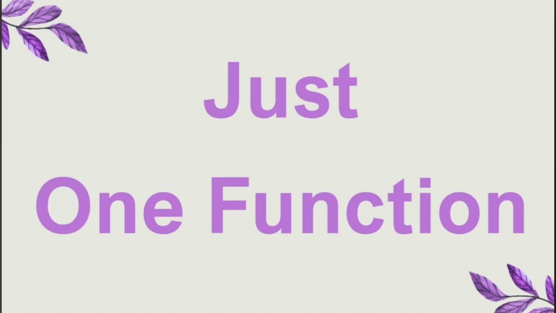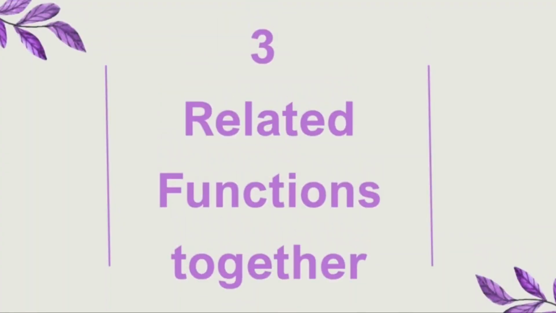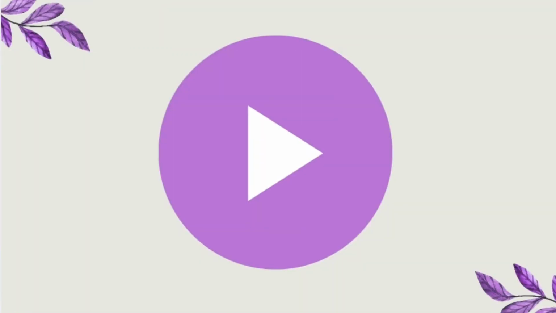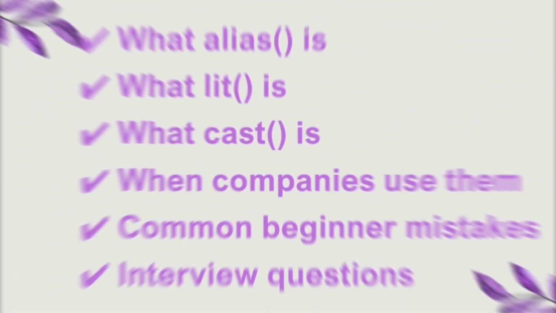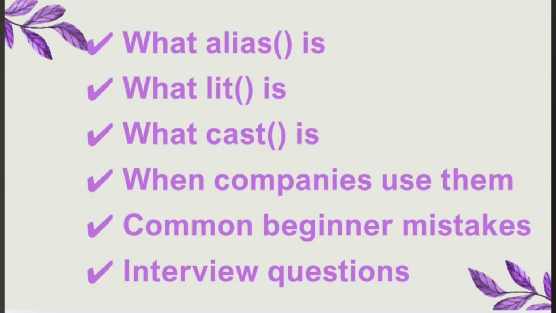That's why today, instead of learning just one function, we are learning three related functions together. So by the end of this video, you will know what alias is, what lit is, what cast is, when companies use them, common beginner mistakes, and interview questions. And don't worry, as always, everything will be explained with simple examples.